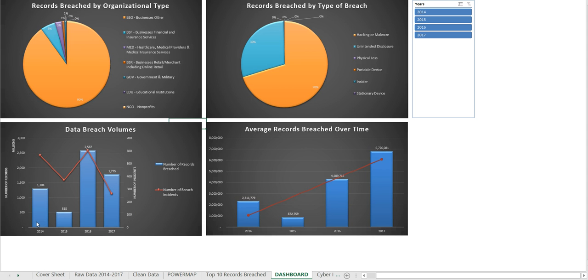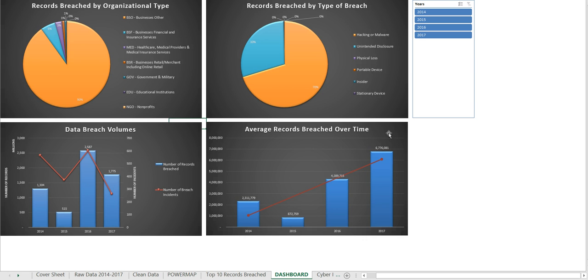In 2014, it took about 560 incidents to breach about 1.3 billion records, but if we look at 2016, it only took a little more than 600 incidents to breach about 2.6 billion records. That's almost double the reach. In 2017, it only took 262 incidents to breach about 1.8 billion records. And let's keep in mind that the year is not even over yet.